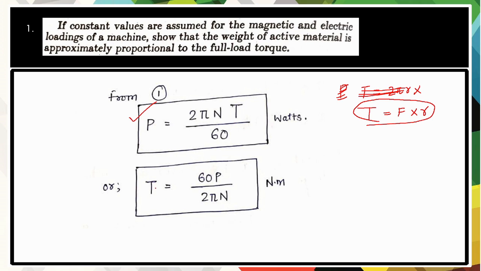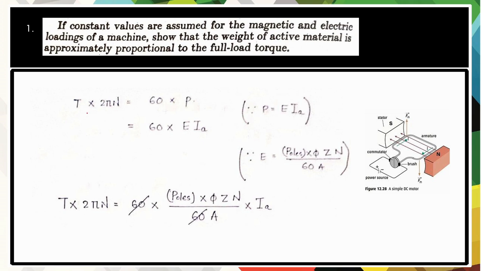If we want to take T this side and P this side, T equal to 60P by 2 pi N Newton meter, and this is the expression for torque.